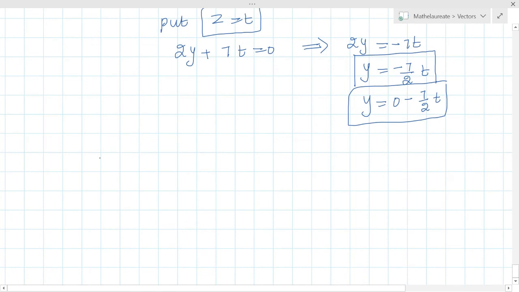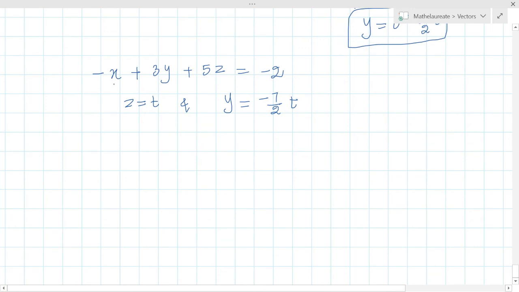Okay, so the equation is minus x plus 3y plus 5z equal to minus 2. Right, here we have the values of z is t and y is minus 7 by 2t. Plug in these two values, you will get the relation of x in terms of t.